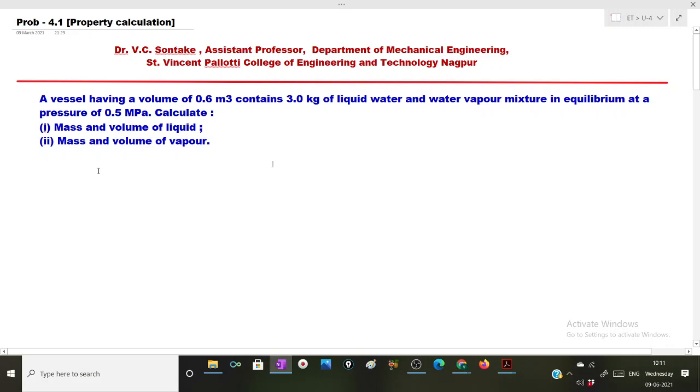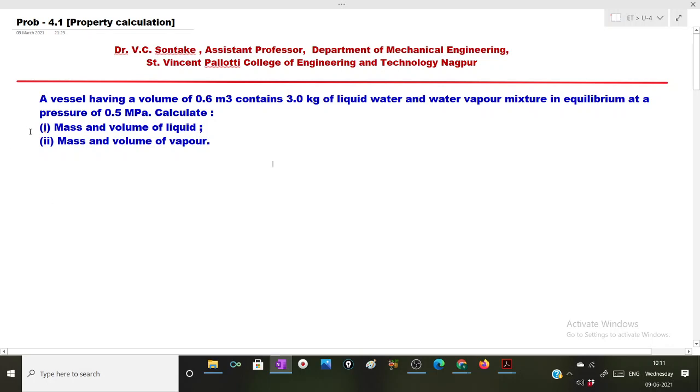So let us start with problem 4.1, and it is based on property calculation of pure substance, particularly steam. So the problem goes like this.